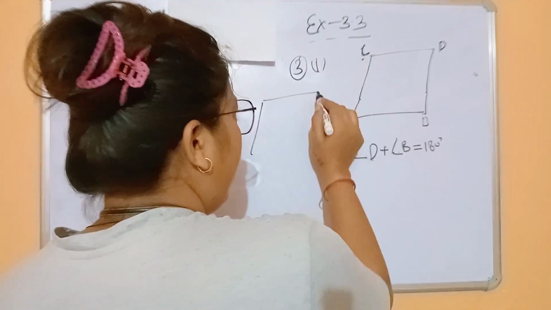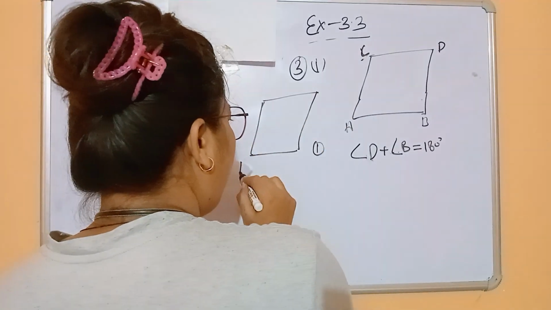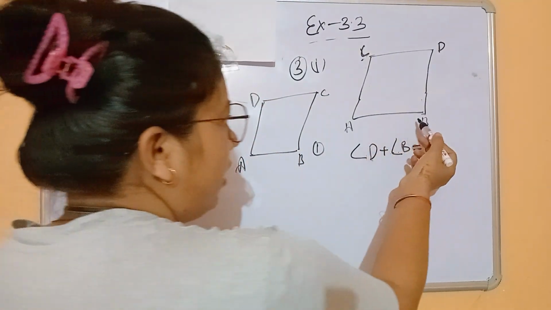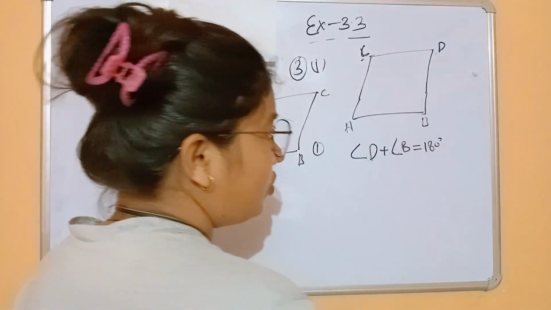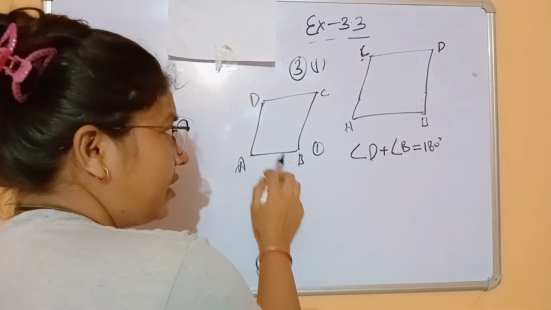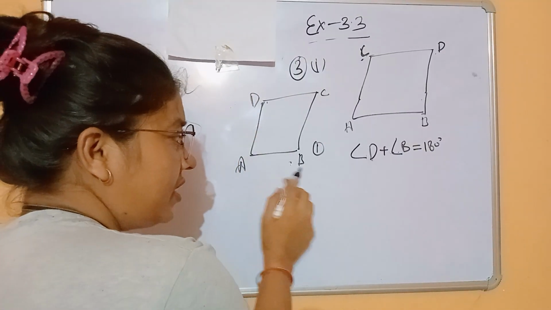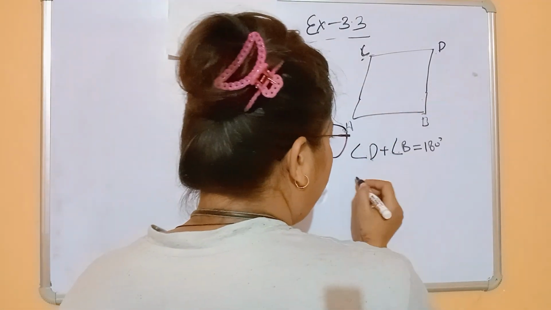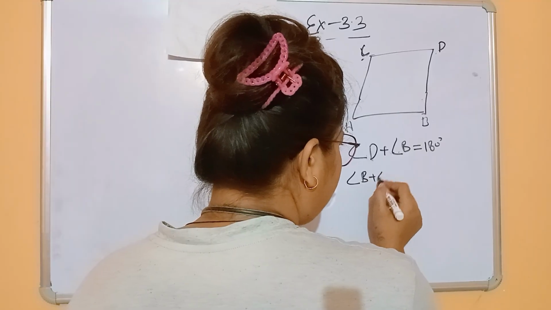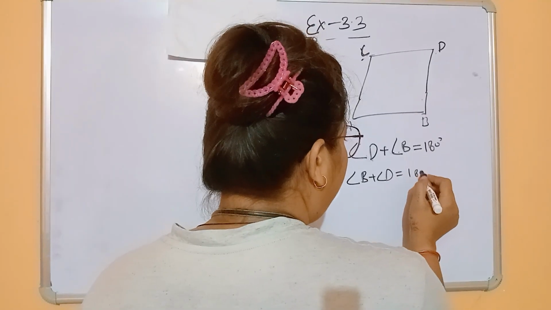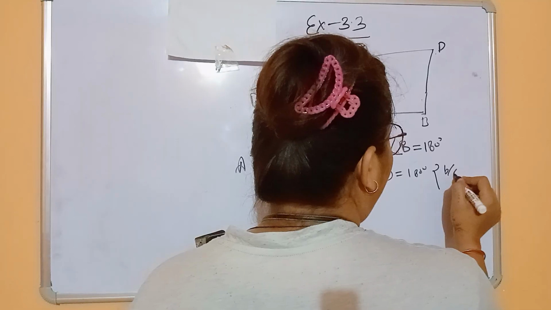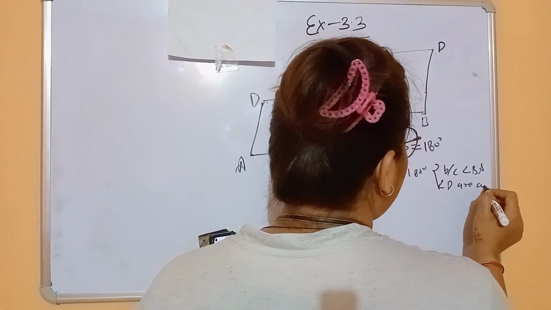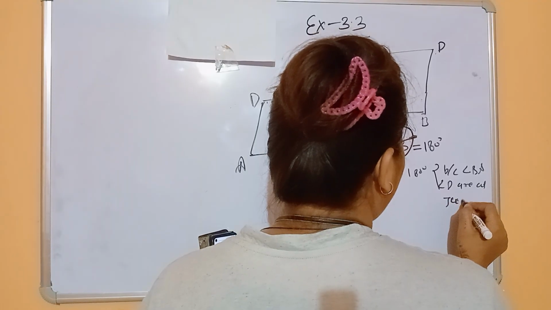A B C D and A B C D. From this figure you understand angle B plus angle D is equal to 180 degrees, because angle B and angle D are adjacent angles.